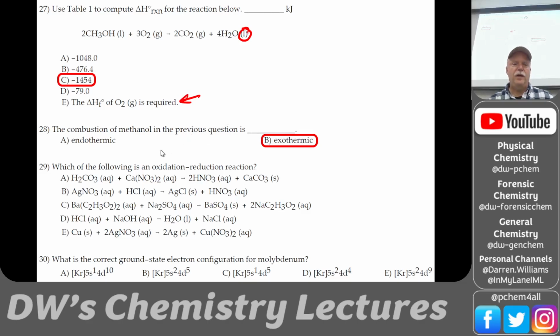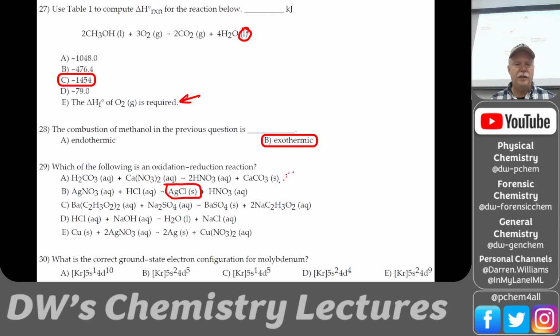Okay, which of the following is an oxidation reduction reaction? Okay, so we're looking at these. This one's just a double replacement. This one here is a precipitation reaction. Here's one. So I've got a silver nitrate and HCl forming silver chloride solid.